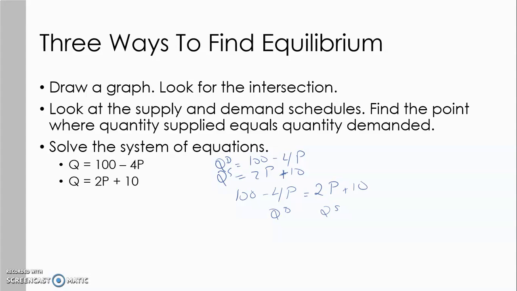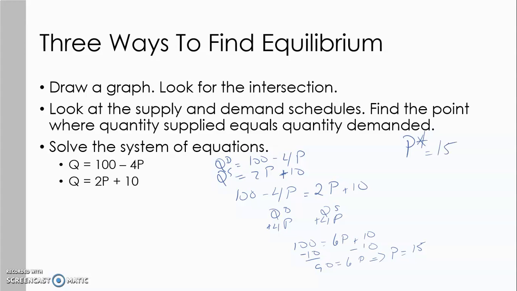Let's go ahead and add 4p to both sides. So we have 100 equals 6p plus 10. Subtract 10 from both sides. 90 equals 6p. So p is equal to 15. Oh, hey, weird. So we know that our equilibrium price is 15.